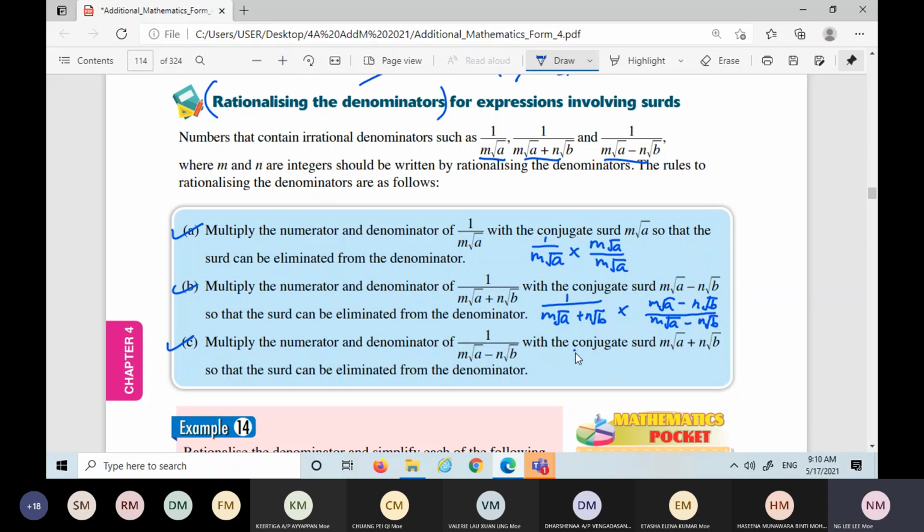For the third type, if this is minus, then you multiply by the same two terms, but now it's plus.